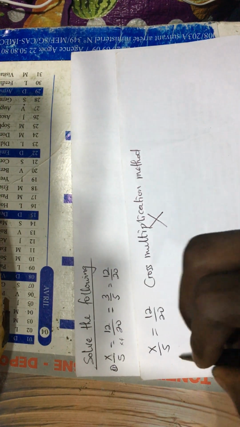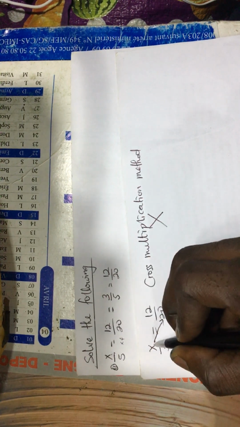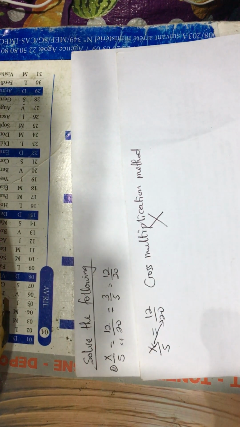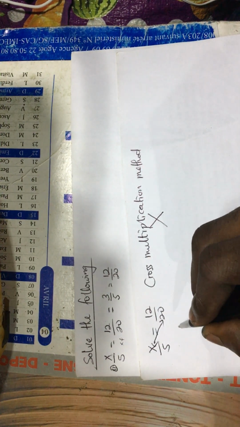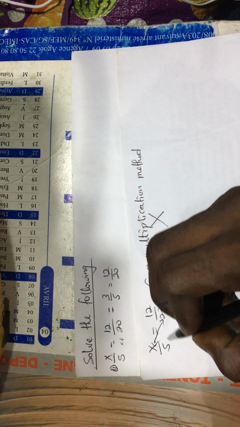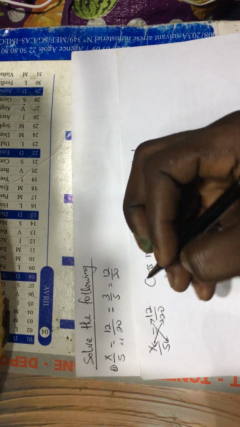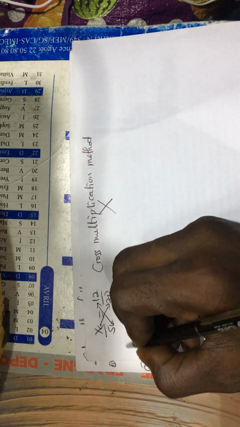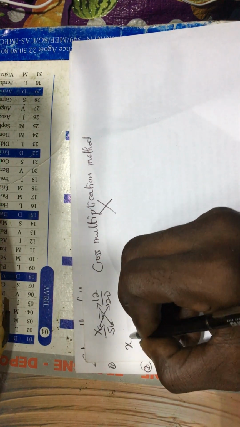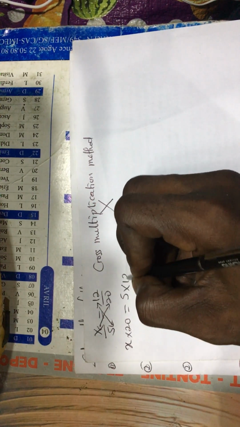So it means that this x here will multiply the 20, and the 5 will multiply the 12. Alright, so now we have something like this: x times 20 is equal to 5 times 12.